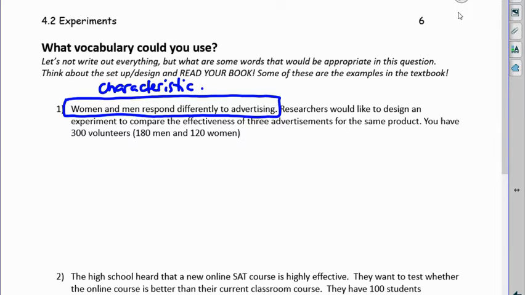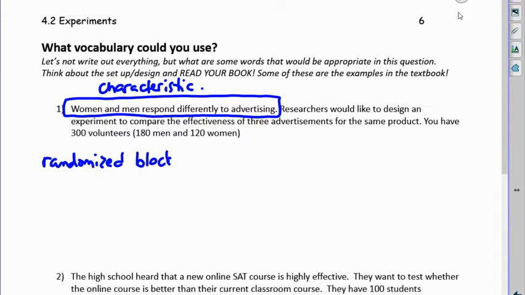So when you're coming up with your design and you've already done your sampling, I'm going to go to the experimental words because I have my people, and I would say that this would be a randomized block design.